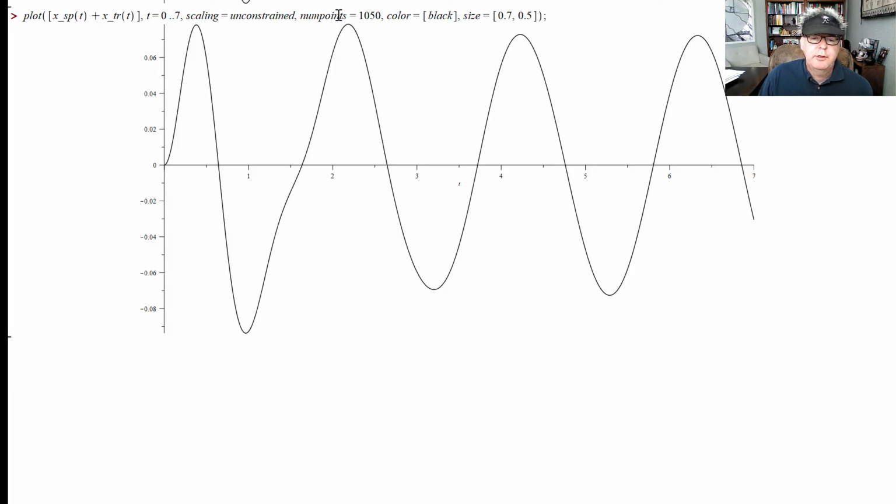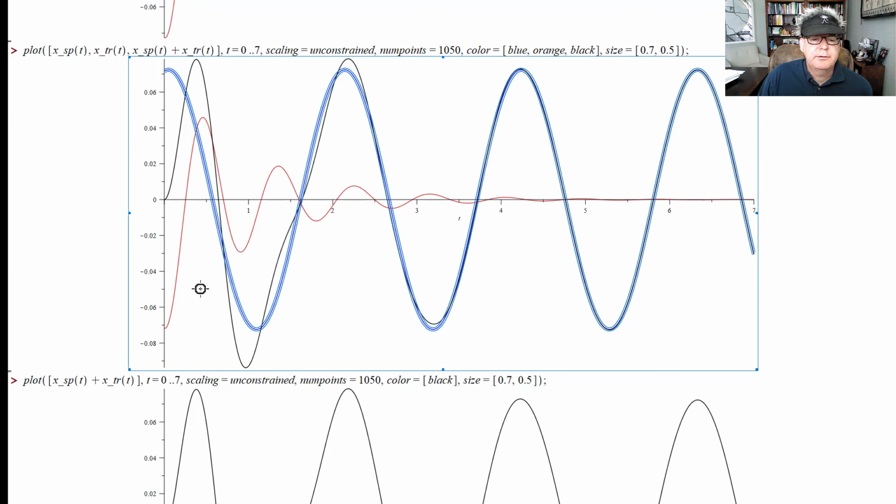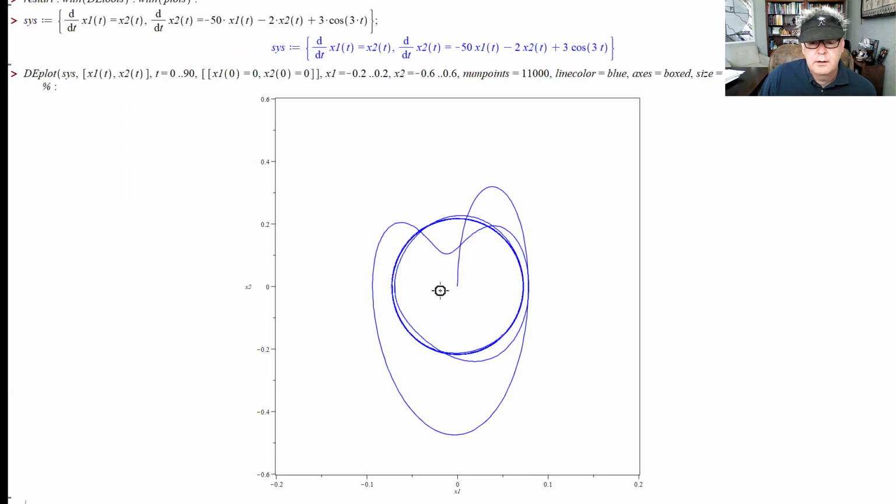The solution would look like this, or here it is again in black, as the sum of the steady periodic or particular solution and the transient solution, the complementary solution that had decay. So the black is the sum of that blue and red, but the red decays, so essentially the black looks like the blue.